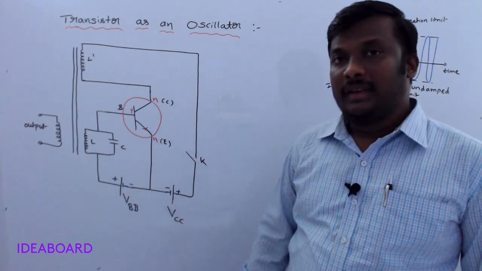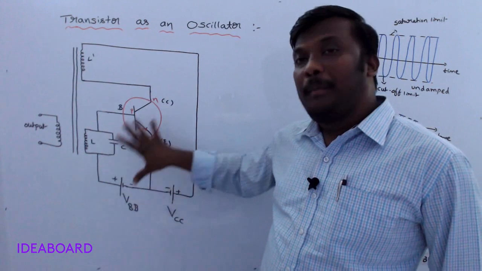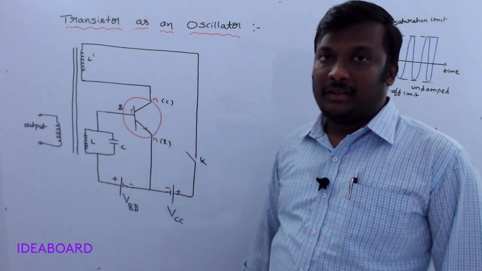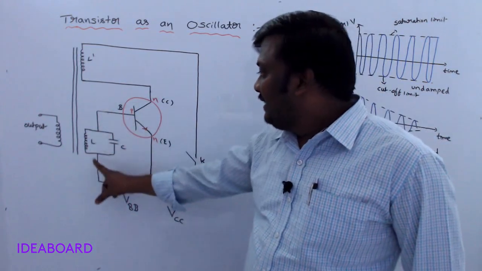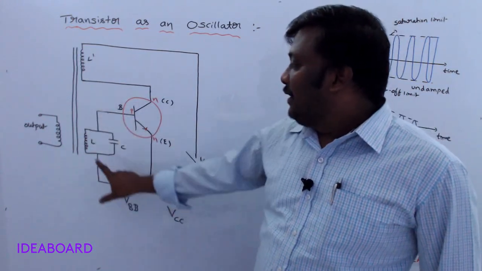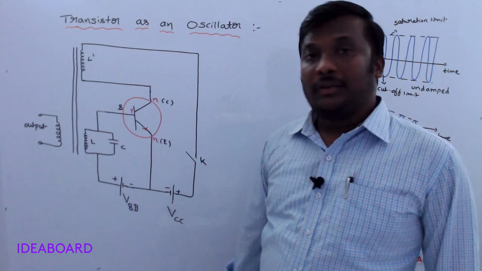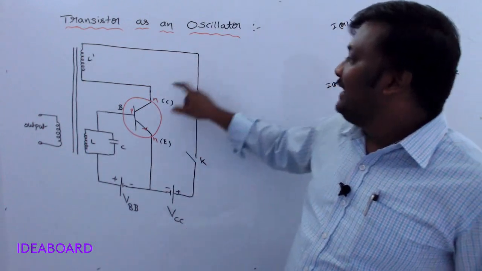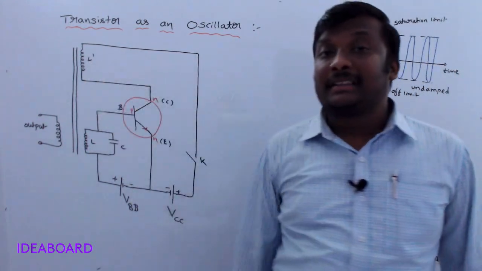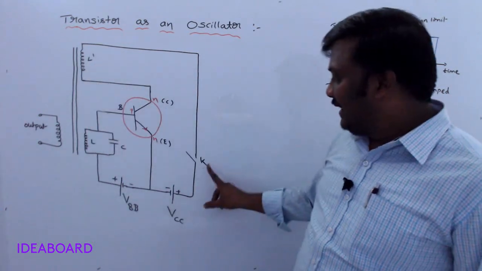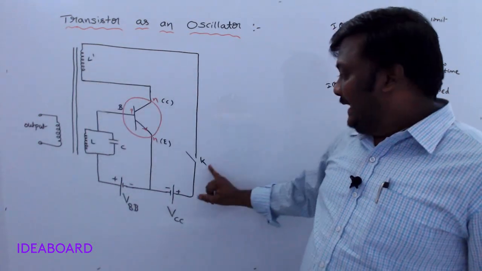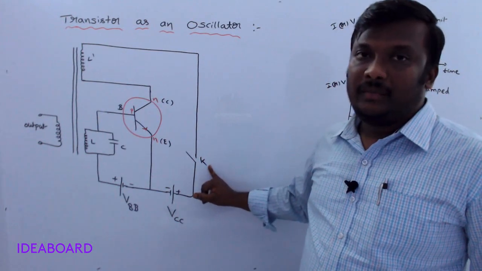VBB and VCC give the proper biasing to make the transistor active. On the input side, we considered one LC circuit. On the output side, the capacitor is connected to another inductor called L dash. We have taken one tap key K here.